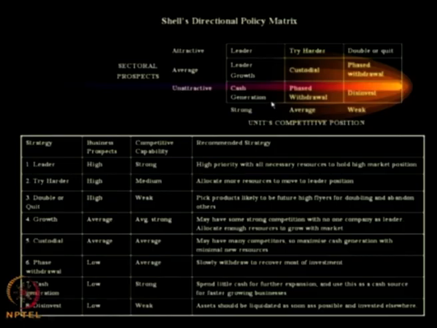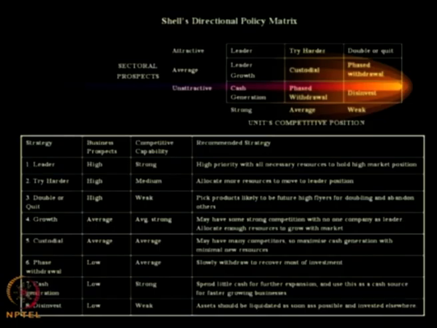So, similar to the cash cow type of a scenario, what should you do? You should try to generate as much cash as possible. See how the cash can be generated, but do not invest. So, the strategy that is advocated is cash generation.